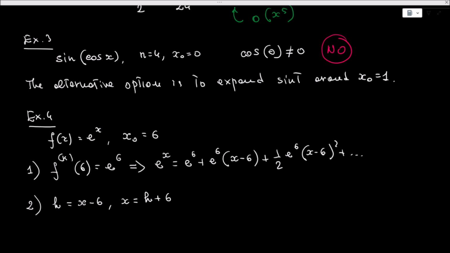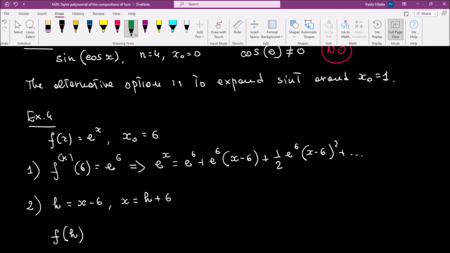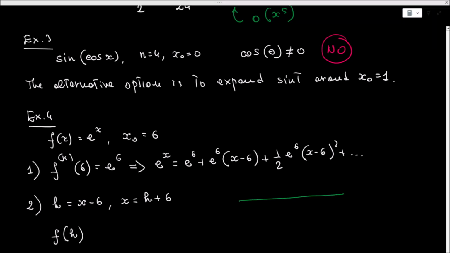All right? So we can now say that f of h, so this is the situation. We have this point 6, and we are trying to expand the function e to the x around this point, and we are using this h increment, which is the distance between 6 and x.